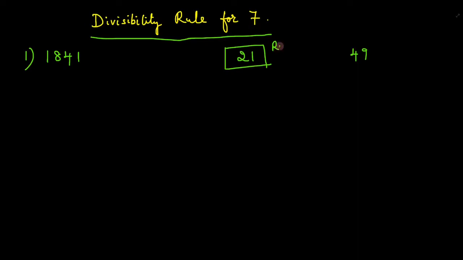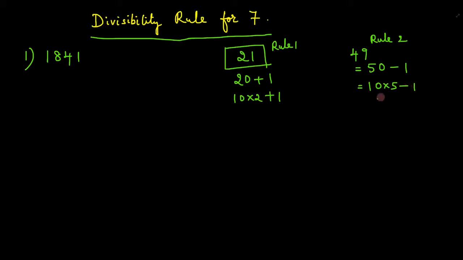Let us say this is rule 1 and this is rule 2. Here we can view 21 as 20 plus 1, or 10 into 2 plus 1. This 49 can be viewed as 50 minus 1, or 10 into 5 minus 1.